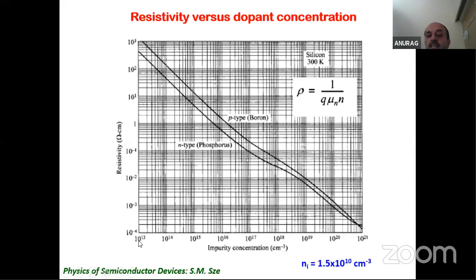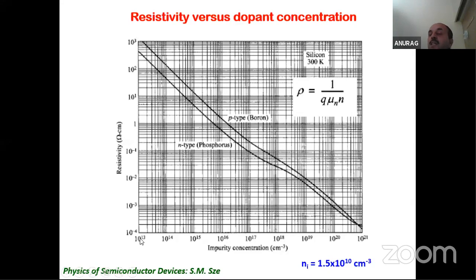You see 10 to the power 13 per centimeter cube, but what is the intrinsic carrier concentration of silicon at 300 Kelvin? 1.5 times 10 to the power 10 per centimeter cube. It means that if you don't dope silicon, and it is a pure crystal, at room temperature the carrier concentration should be 1.5 times 10 to the power 10, which is very, very low.